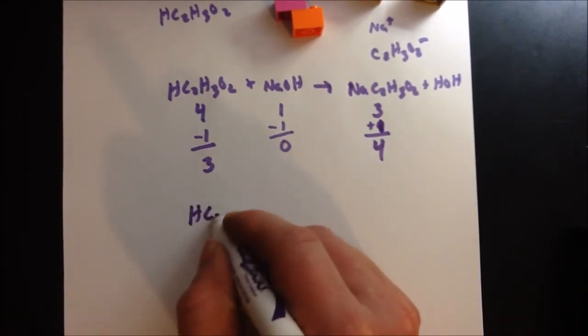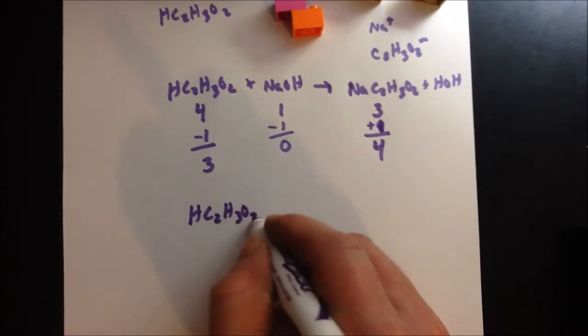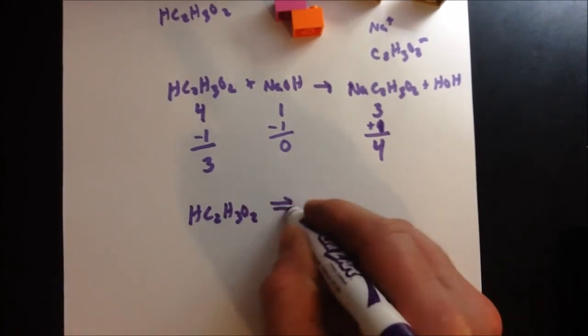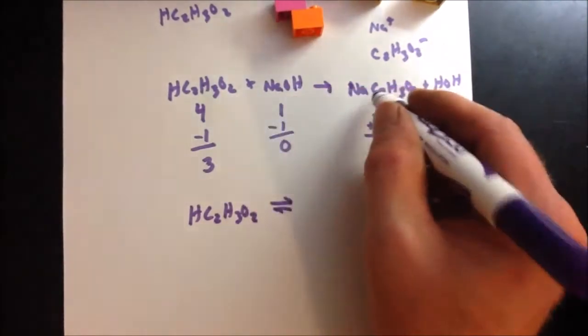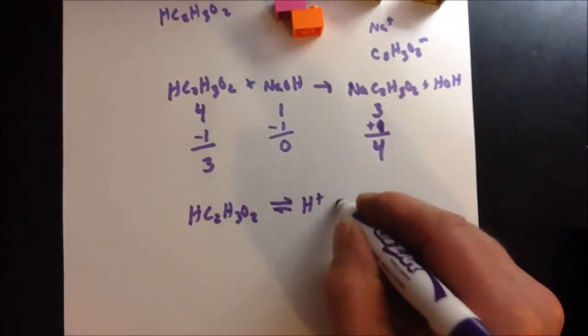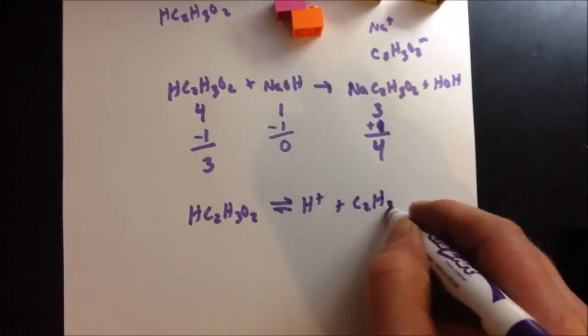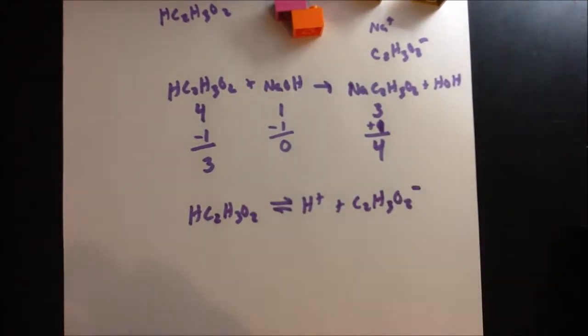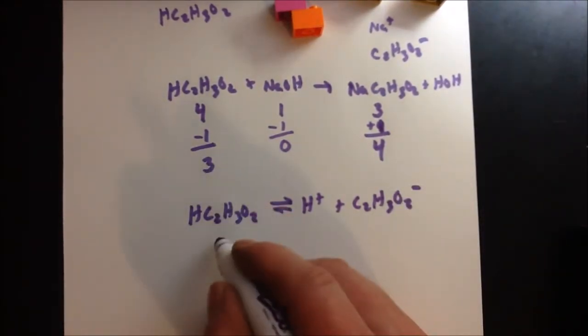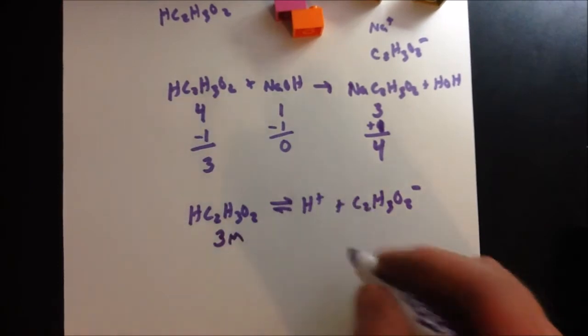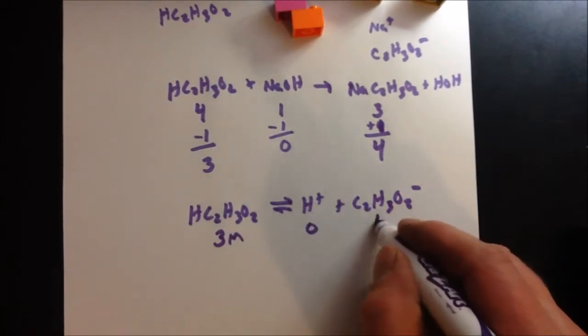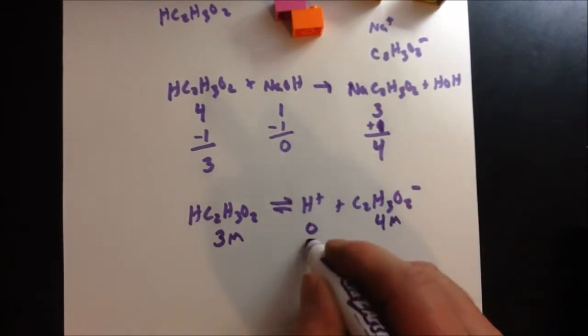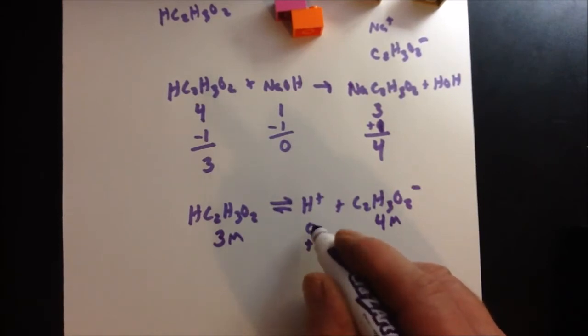So HC2H3O2, now equilibrium. Again, notice stoichiometry up top first, H plus, C2H3O2 minus, where my concentration of acetic acid is 3 molar, no H plus, 4 molar acetate ion, so I don't have to do a QK comparison.